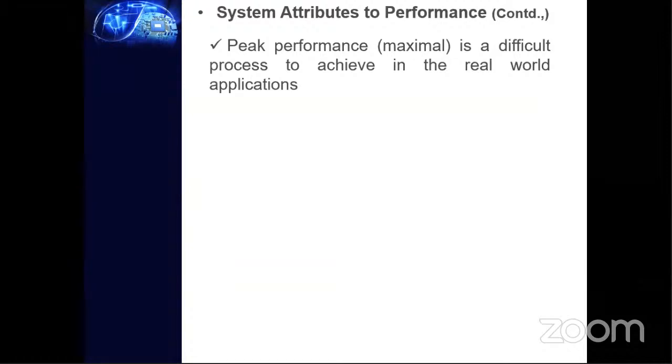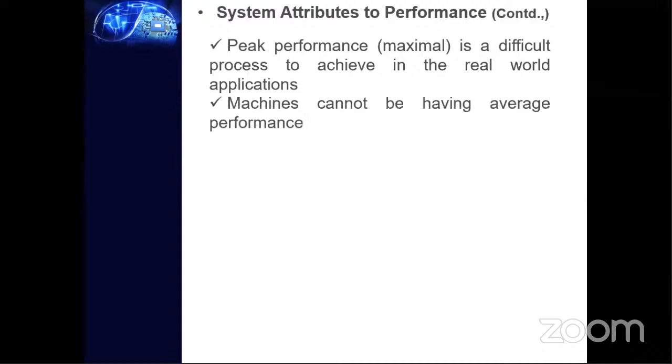So what do we have to conclude? By considering the software, the peak performance, that means the maximal performance of a parallel computer, is difficult to determine, even for real world applications. The next thing, machines cannot have average performance also.